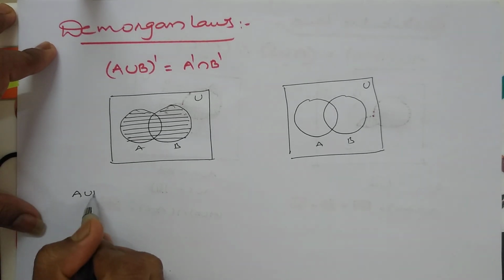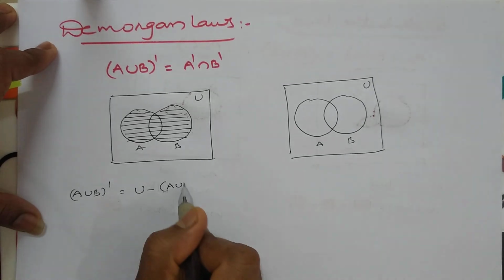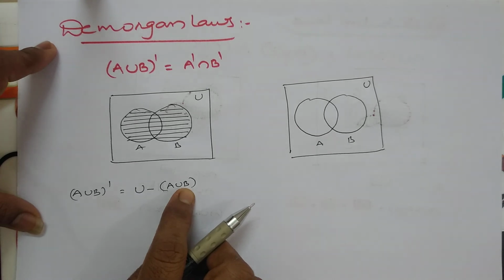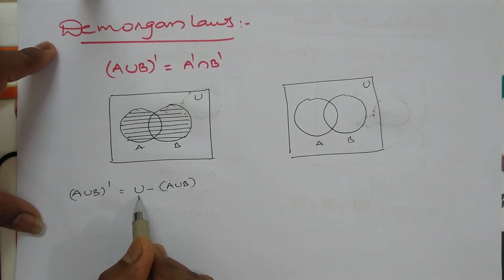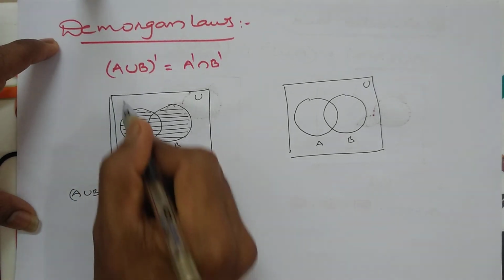Actually (A union B) whole complement is nothing but U minus (A union B). Already I told you A complement is nothing but U minus A. Now the elements are present in the universal set but not in A union B. So you should differentiate.